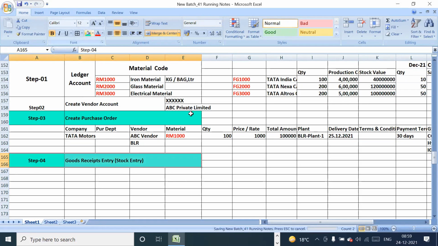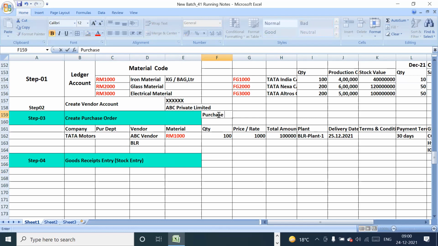While receiving the stocks, or performing the stock entry or goods receipt entry, what do we have to do? Against your purchase order we are going to receive the goods.